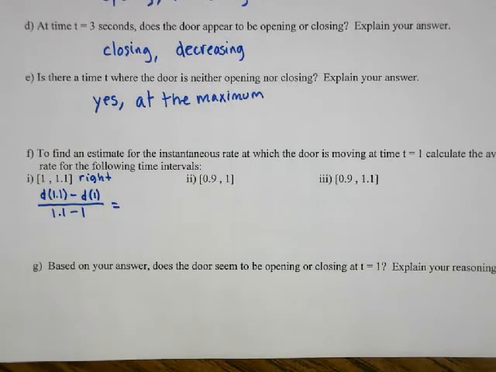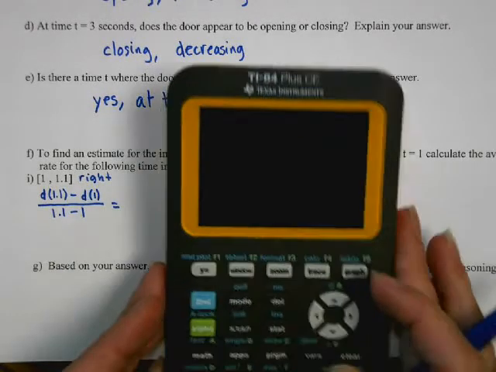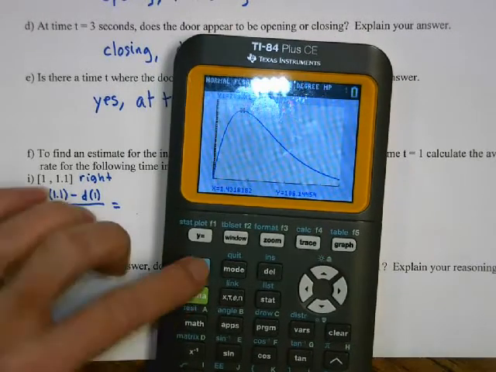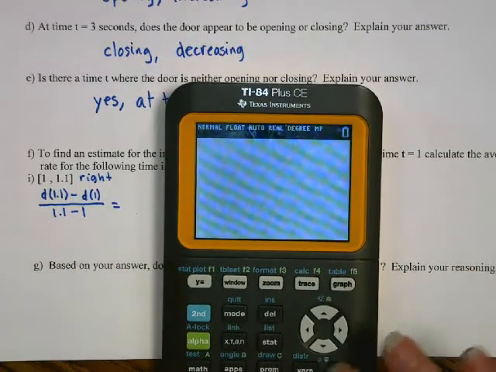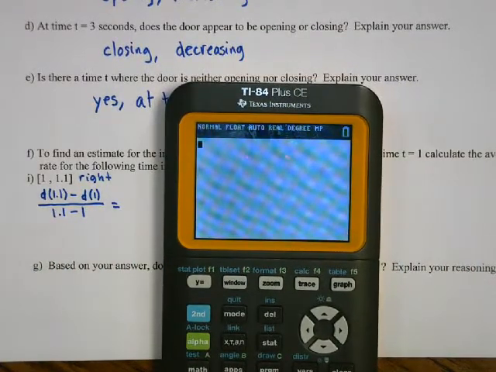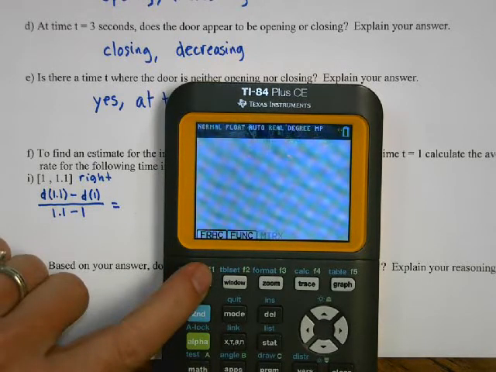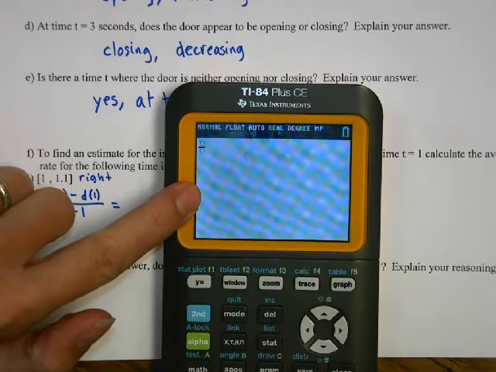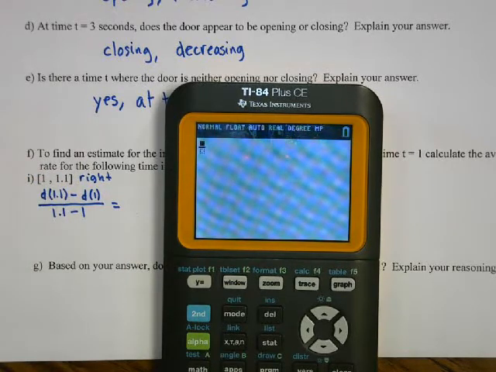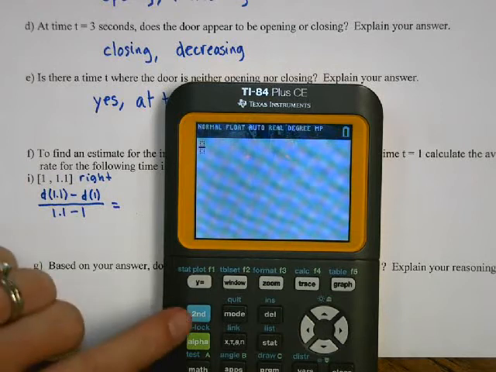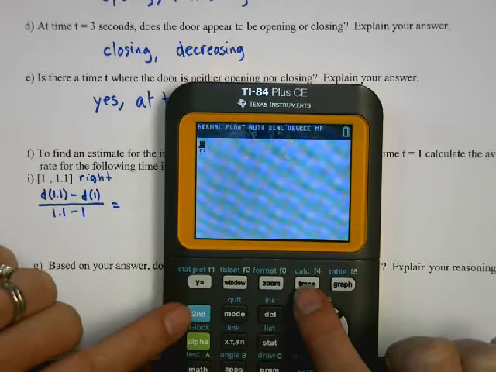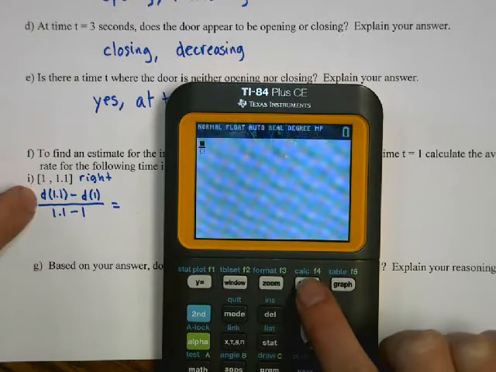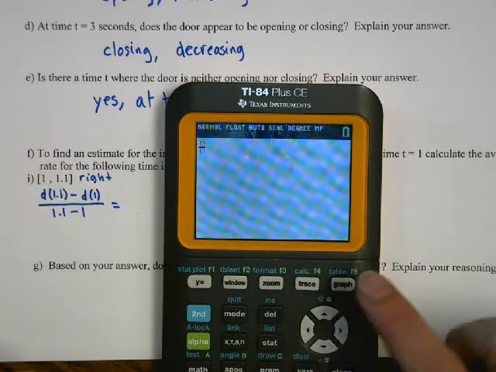Now we're going to let the calculator do the work for us. So on the calculator, I'm going to show you a neat trick. Okay, so I have my function that I'm interested in stored in y1. So what I'm going to do, I'm going to do alpha f1 to give me the fraction. And if you don't have the fraction, that's okay. You'll use parentheses. Then I'm going to use my y values. So I'm going to evaluate the function y1 at 1.1 and at 1.